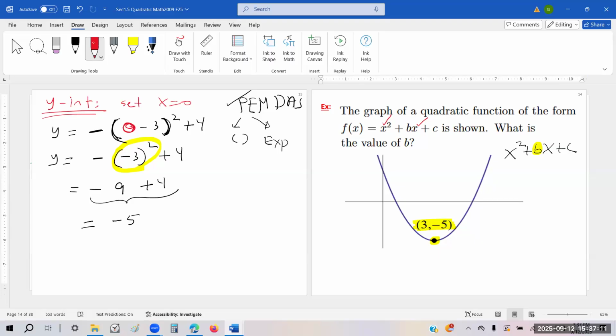Substitute what? -5 equals 3 squared, which is 9, plus 3 times b, which is 3b, plus c. Then you have two variables to work with, b and c. You don't know what is c. Your idea is almost on the right track, almost. Joanne.